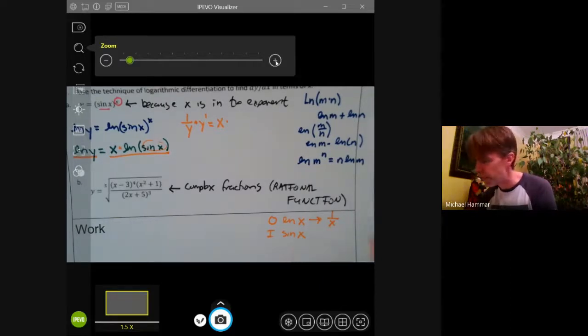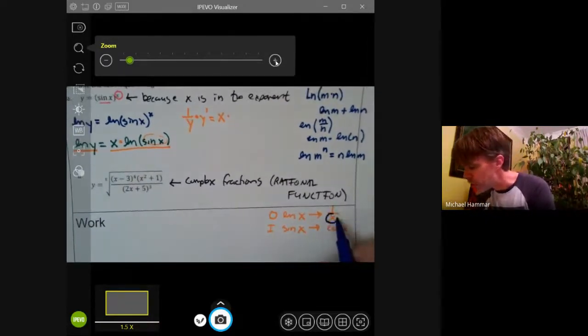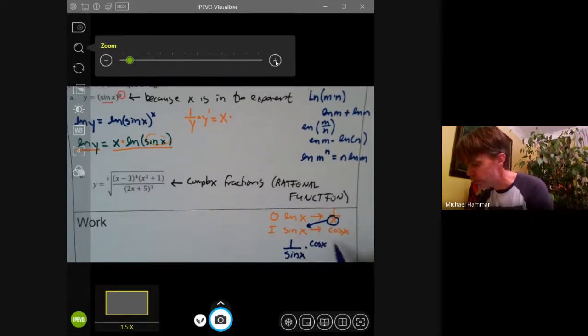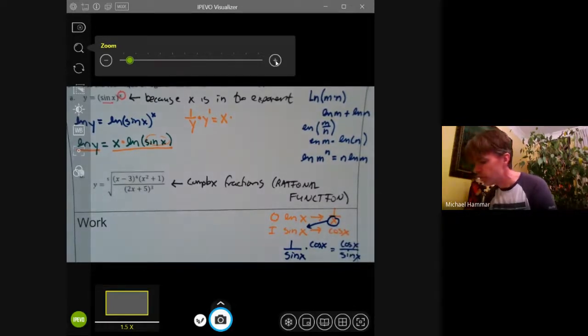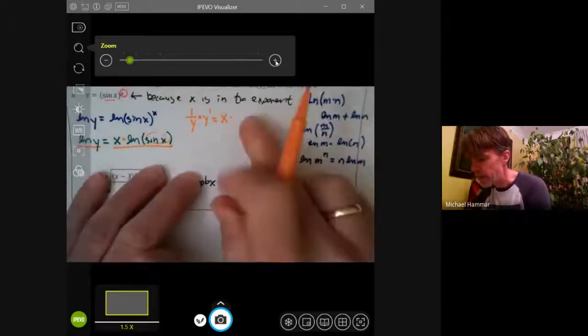And the derivative of sine of x is cosine of x. So when I do all of my chain rule stuff, I end up with 1 over the sine of x times the cosine of x. Or, of course, we can just simplify it to cosine of x over sine of x. Okay? So I'm going to put that in this space right here.